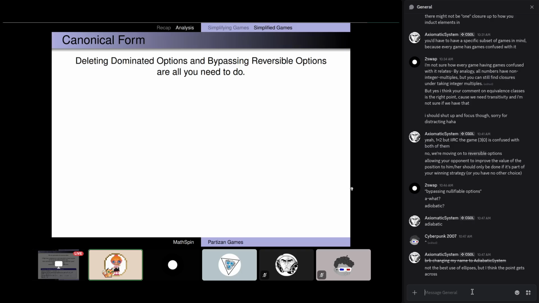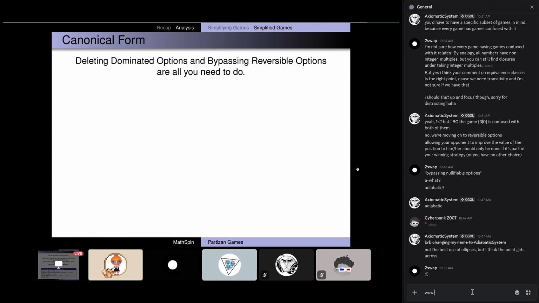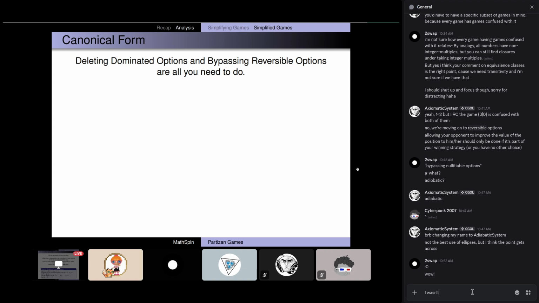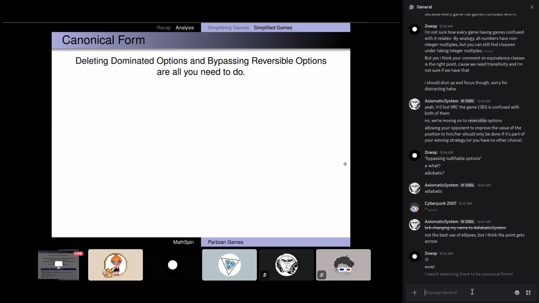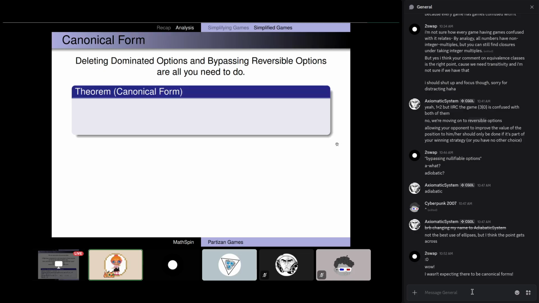So, as Tusop was lamenting before, deleting dominated options does not settle questions like star plus star; we'd really like it to simplify to 0. But bypassing reversible options does. And so we have the theorem, canonical form.